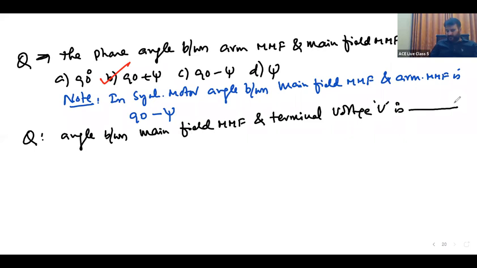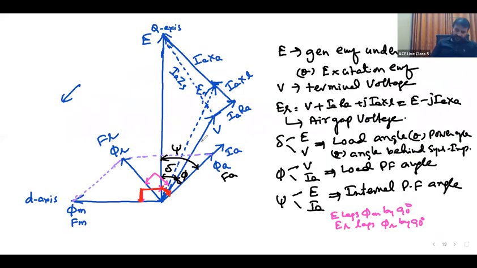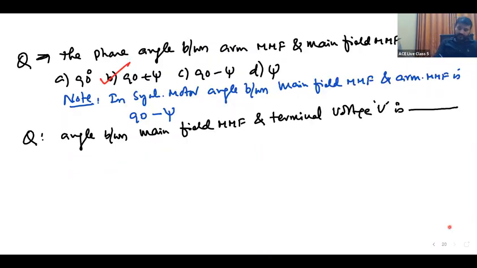See, this is V. Here phi M to E is 90, and E to V is delta. So the answer is 90 plus delta.